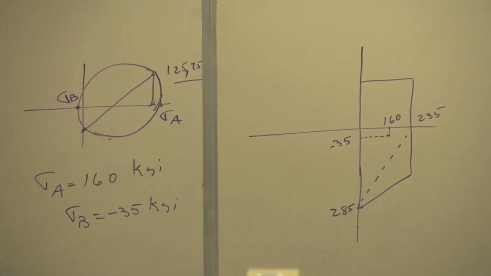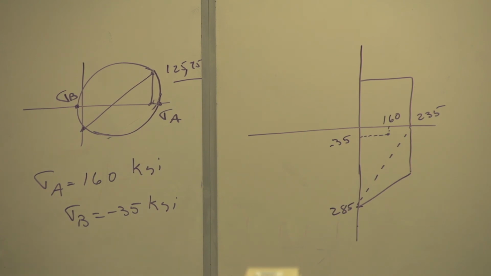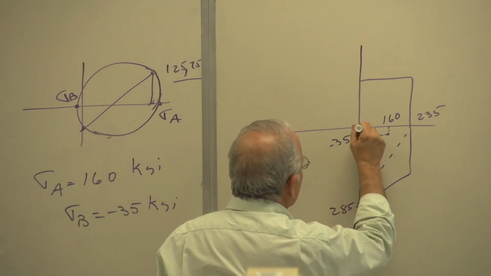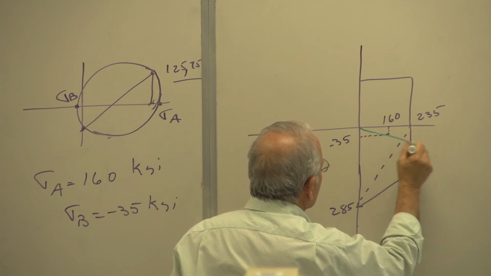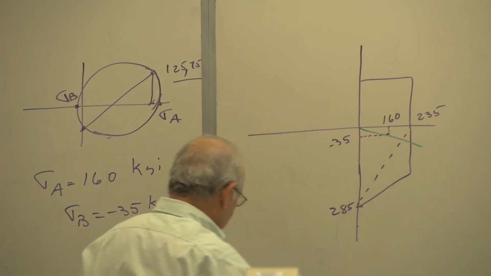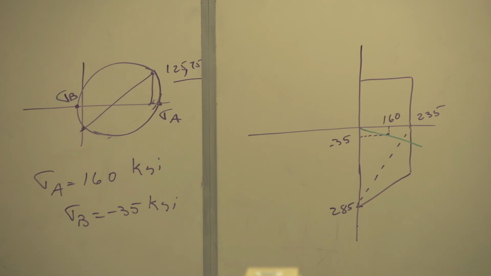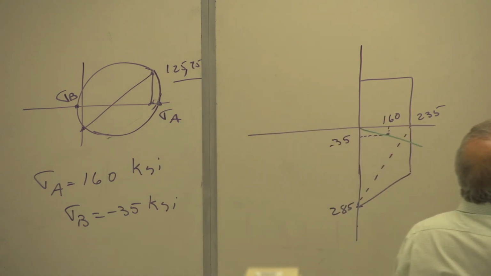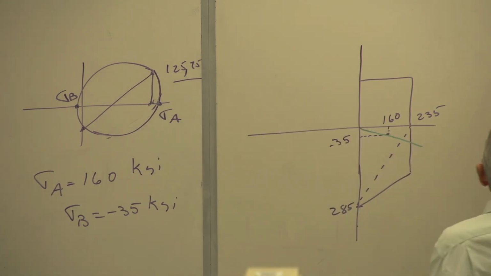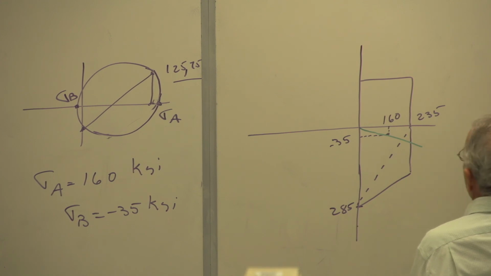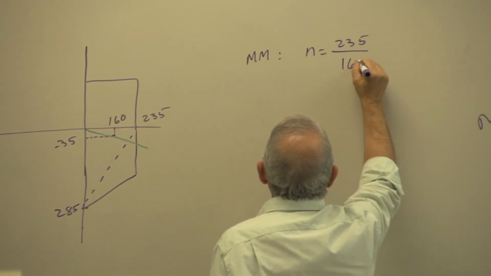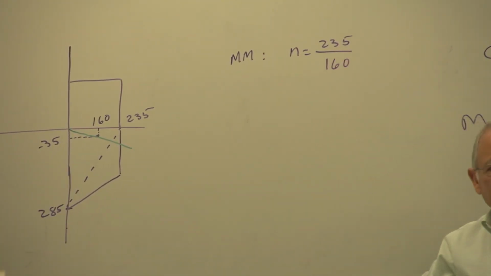My load line is composed of a straight line from the origin through that point, continued until it crosses the failure lines, whichever failure theory you want to use. I've done both. If you're using modified Mohr, the factor of safety is 235 over 160, right?